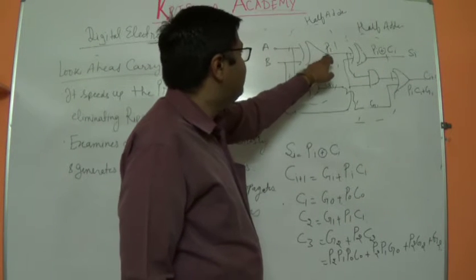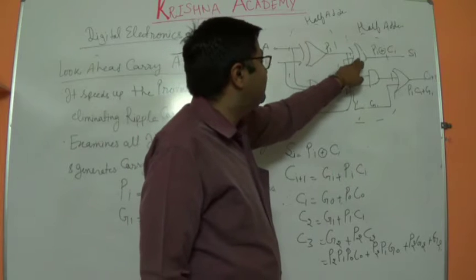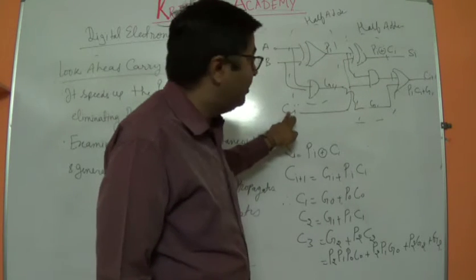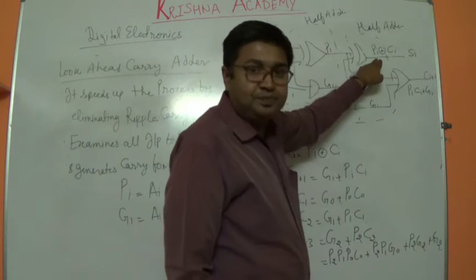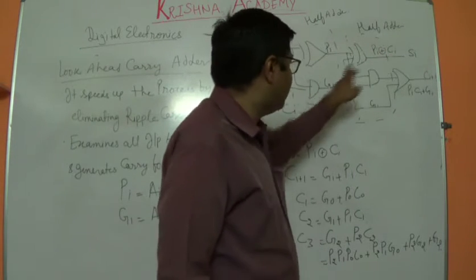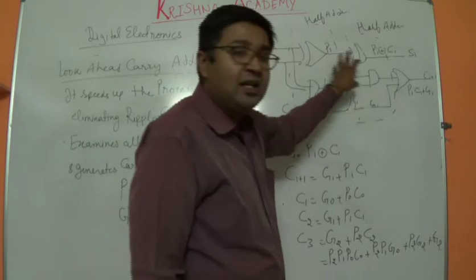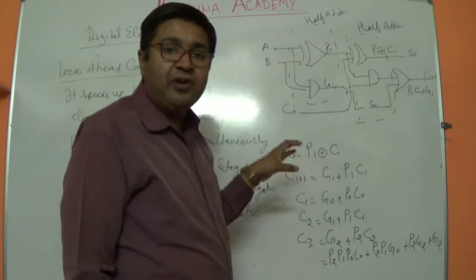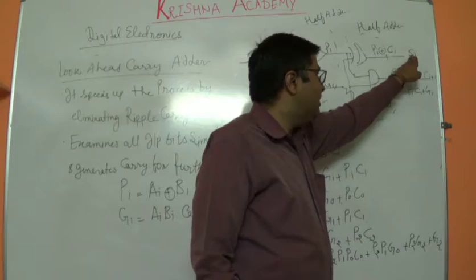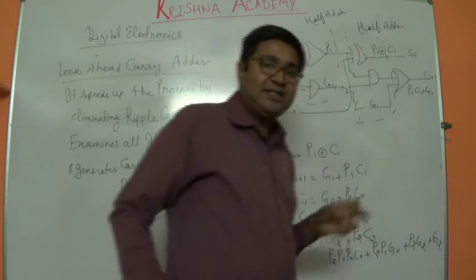What we will do is add Pi towards this one. This Pi and this Ci, the initial carry, will generate the sum: Pi XOR Ci. This generates the sum because these two half adders make one full adder circuit. So Pi XOR Ci generates the sum of that particular stage.